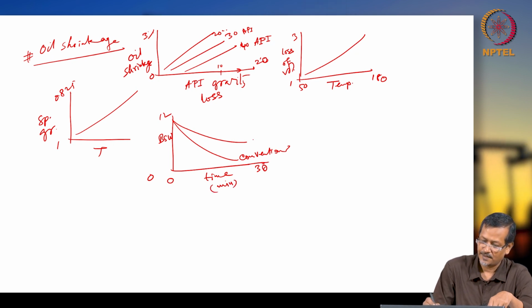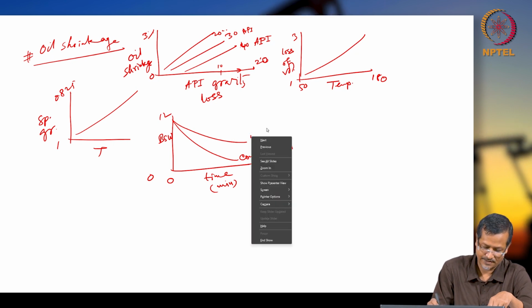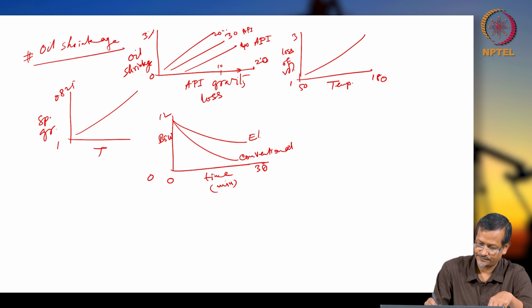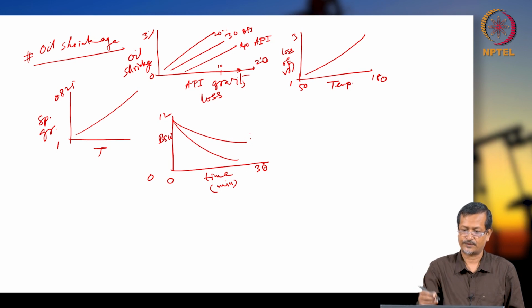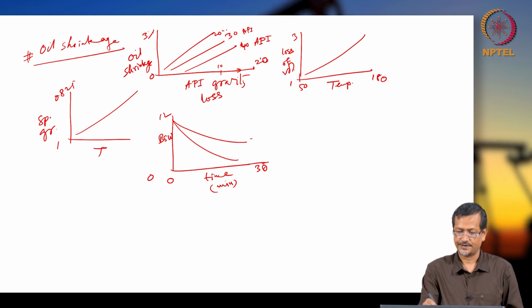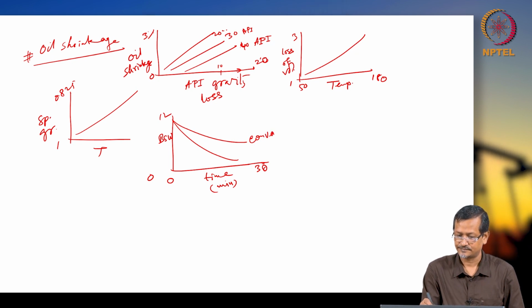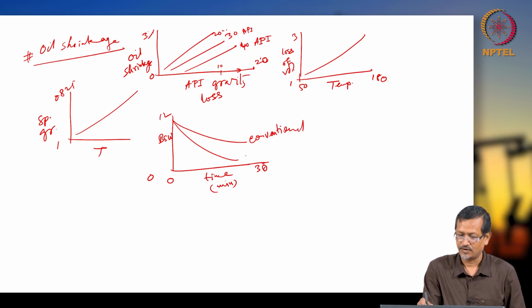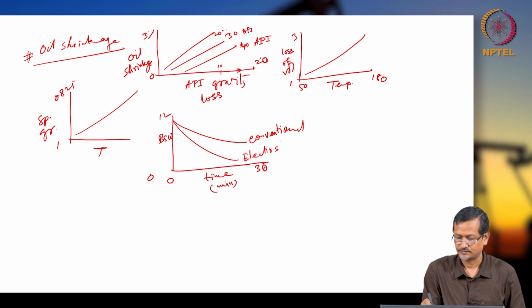And this is conventional, and this is electrostatic. BSW, this will be conventional settlement. So you can see in this figure, conventional will have more time to settle, conventional, and this is electrostatic.